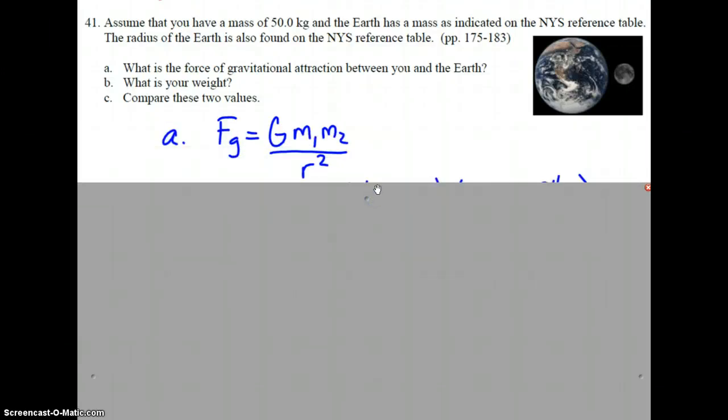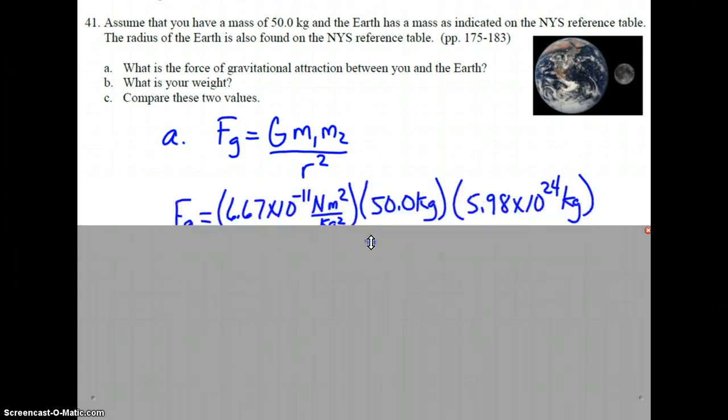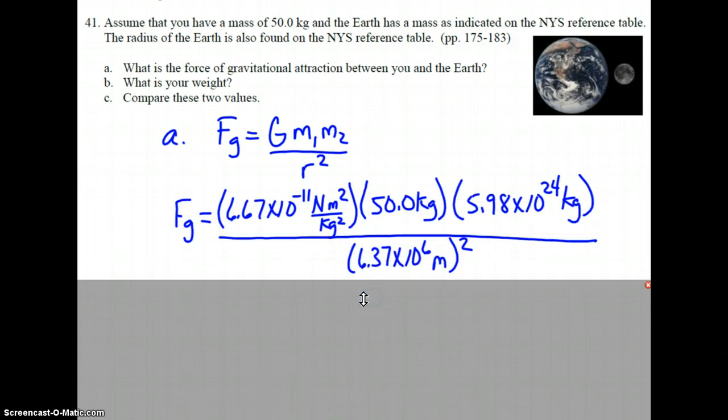Well, using Newton's universal law of gravitation, Fg equals big G m1 m2 over r squared. We substitute the values, 6.67 times 10 to the negative 11 newton meters squared per kilogram squared for big G off the reference table. Your mass of 50 kilograms.